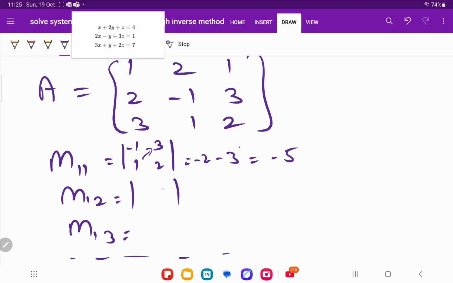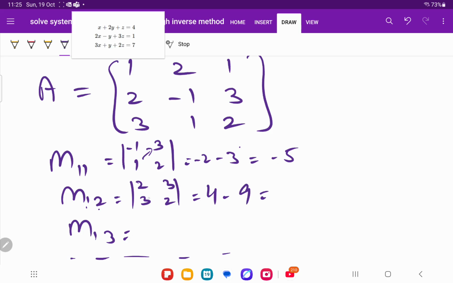And what about M12? M12: exclude row 1 and column 2. 1 2 means exclude row 1 and column 2. So we have 2, 1, 3, 2. 2 multiplied by 2 is 4, and 3 multiplied by 3 is minus 9.